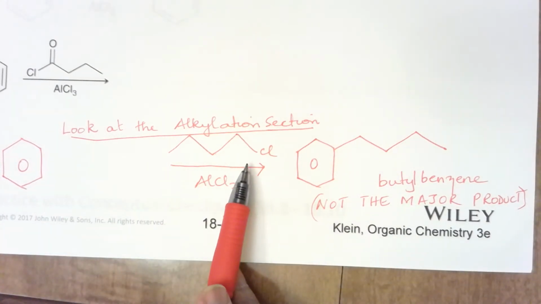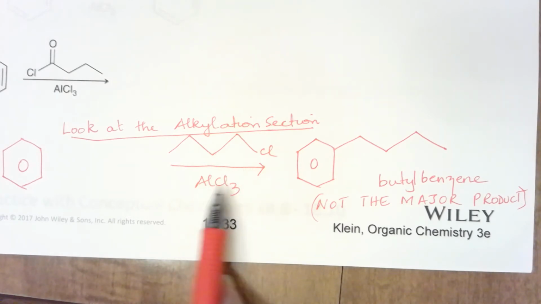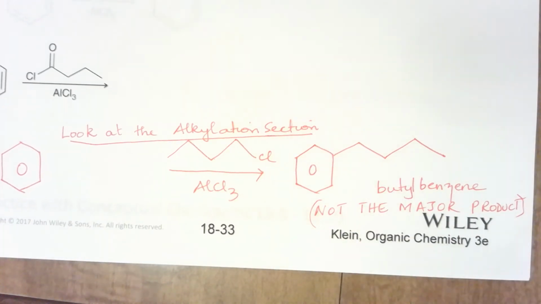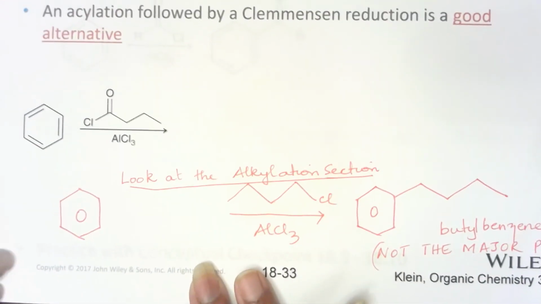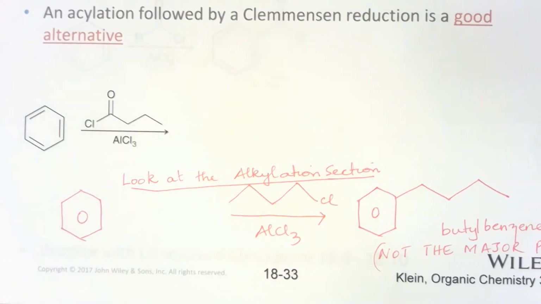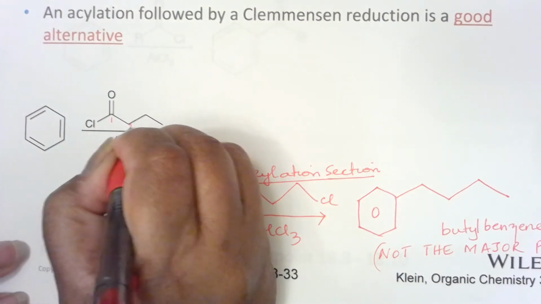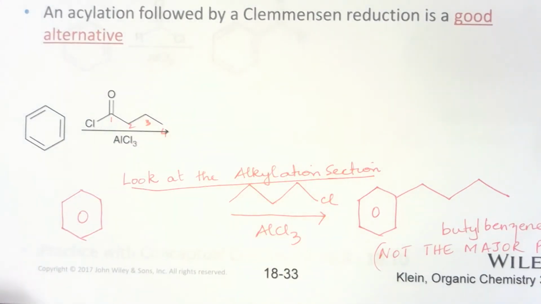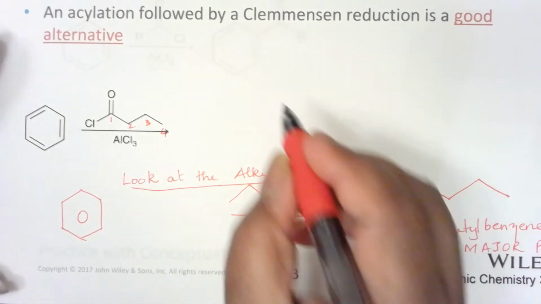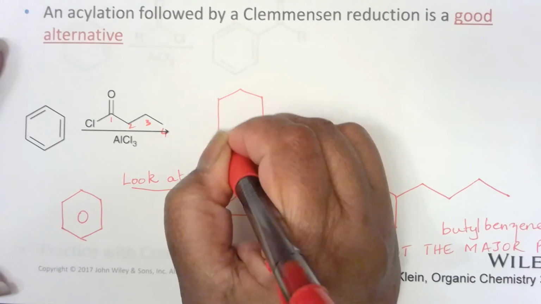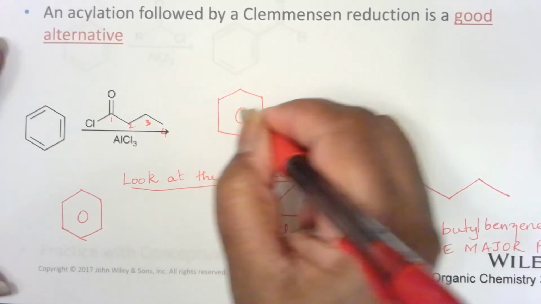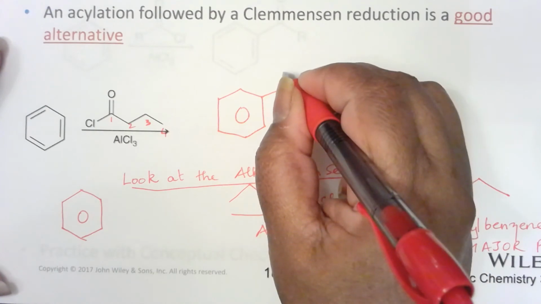When we use this reaction. But if we went the roundabout way and started out with this reactant, you still have 4 carbons, but the carbon that is connected to the Cl is a carbonyl carbon. So the first time around, you get a ketone.